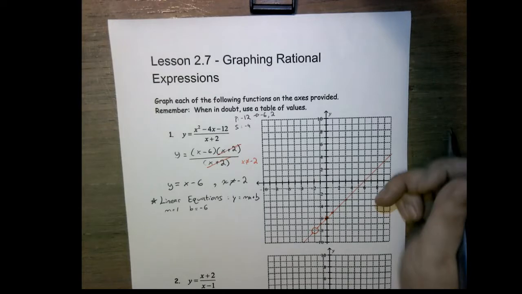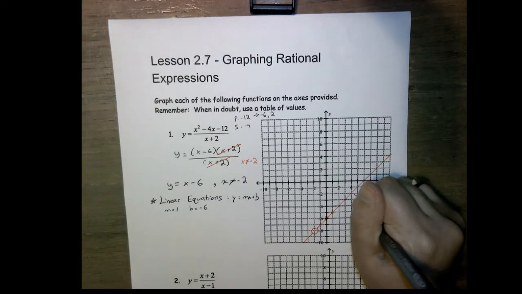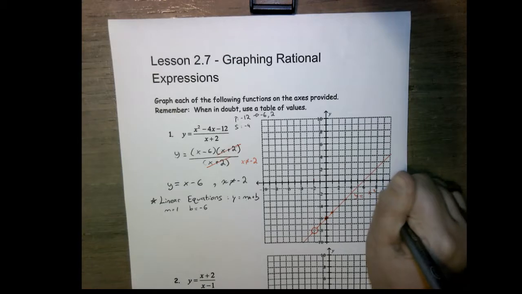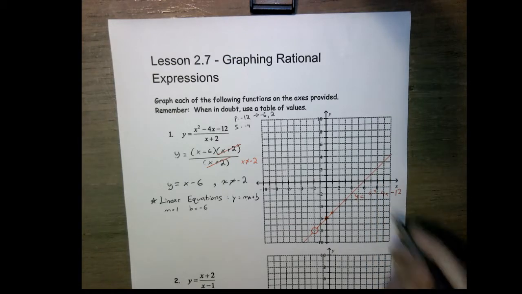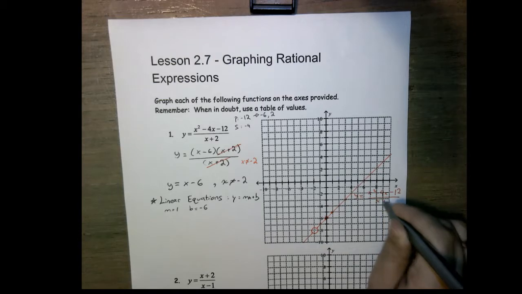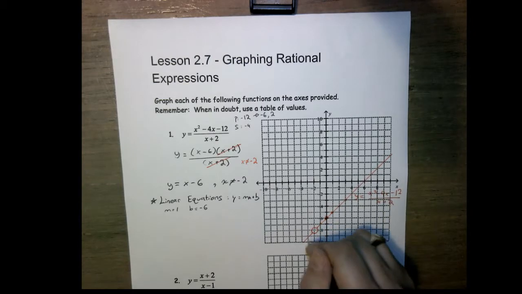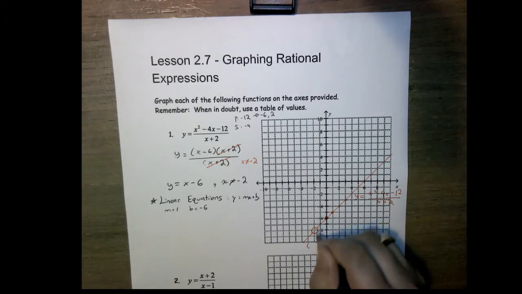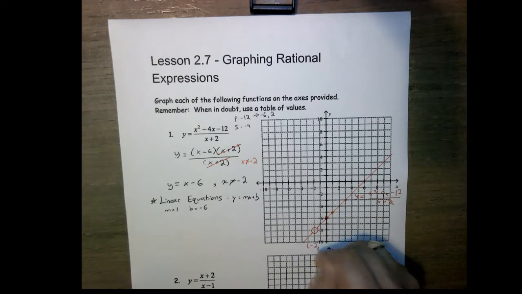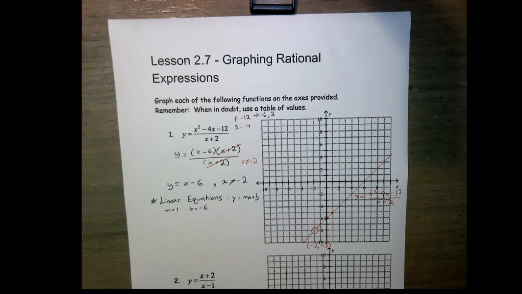This is the line of the equation y equals x squared minus 4x minus 12 all over x plus 2. And here I have a hole at, looks like, negative 2 and negative 8. I cannot have the point negative 2, negative 8 on this line, but all of the other points are fine, right? So here is my final graph of this expression.